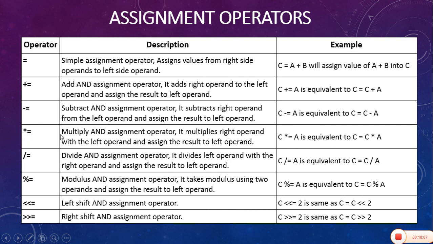Likewise, multiplication, division and remainder all have the same meaning. Here you can see there are two options: you can write in this way and you can also write in this way. Both are valid in C++ programming.